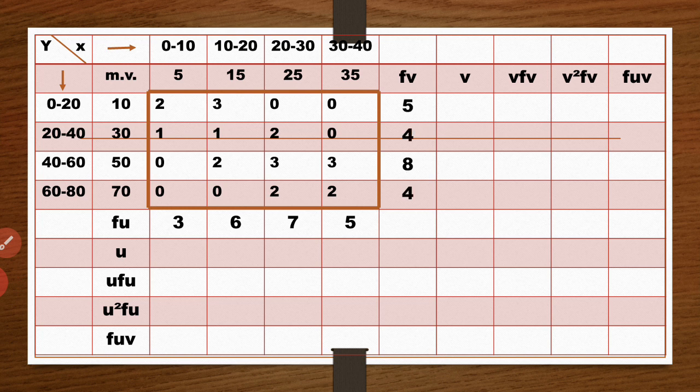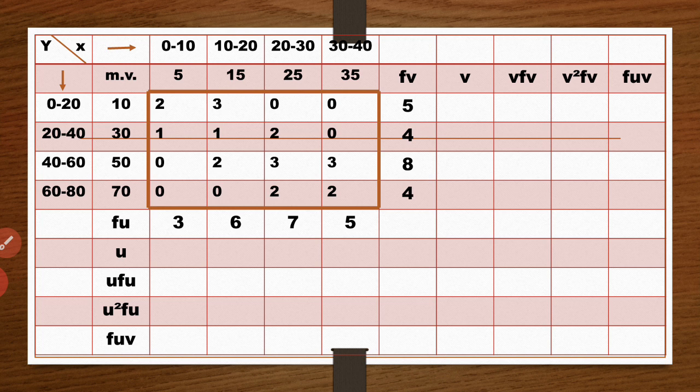After that, similarly total on the row side, so you get fv, meaning frequency of y: 2 plus 3 is 5, then 1, 1, 2 is 4, then 2, 3, 3 is 8, and last 2, 2 means total is 4.